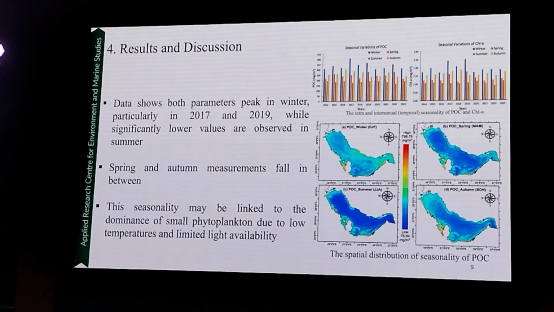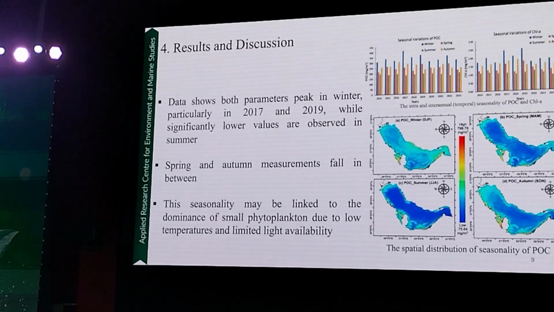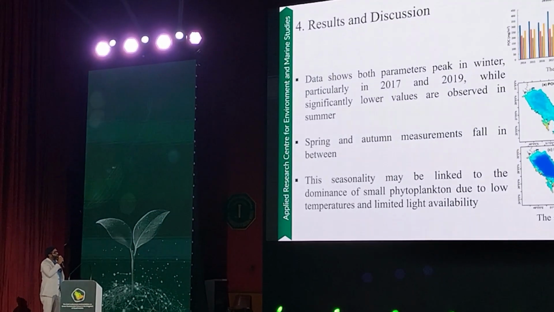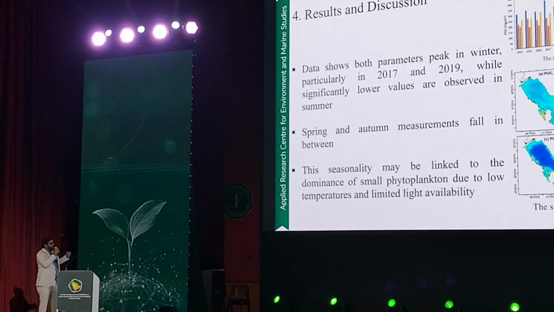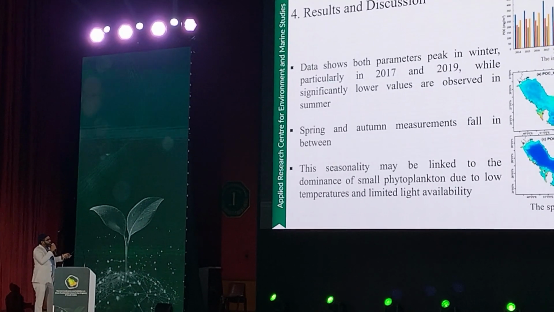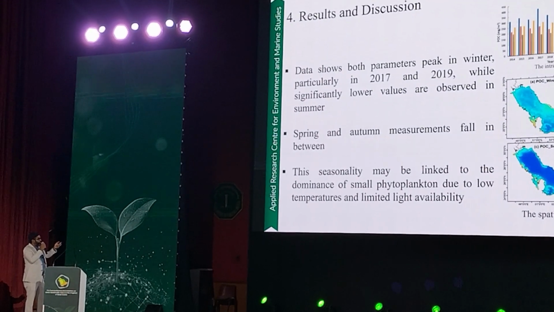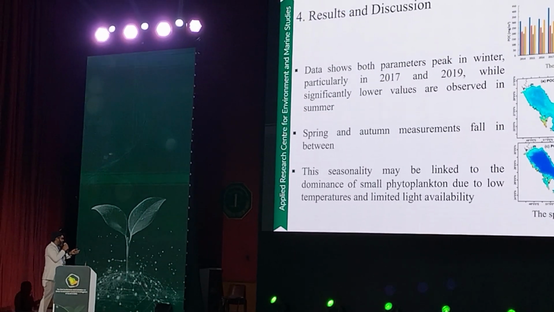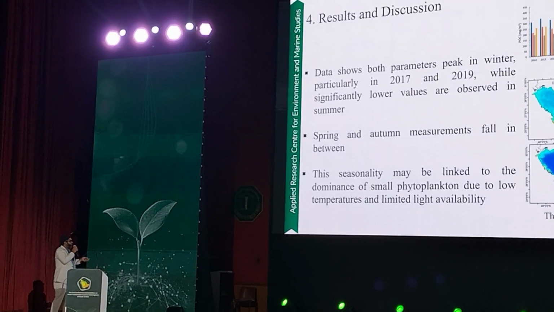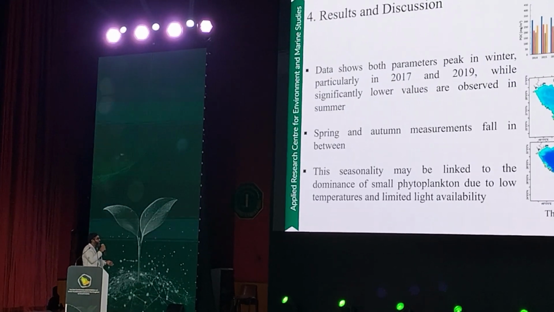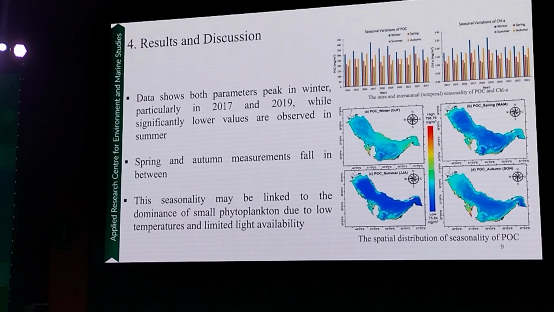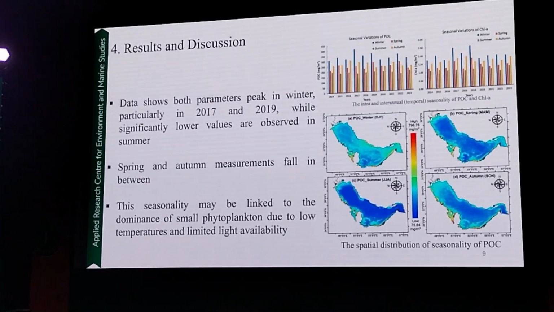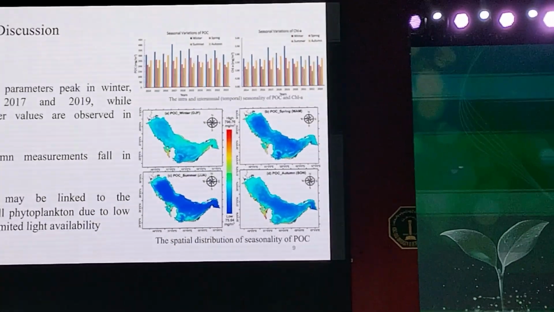In the case of spatial distribution, we also see that in winter the density was higher, but in summer it was lower. The connection can be due to the dominance of small phytoplankton and other factors due to the low temperature and limited light availability.